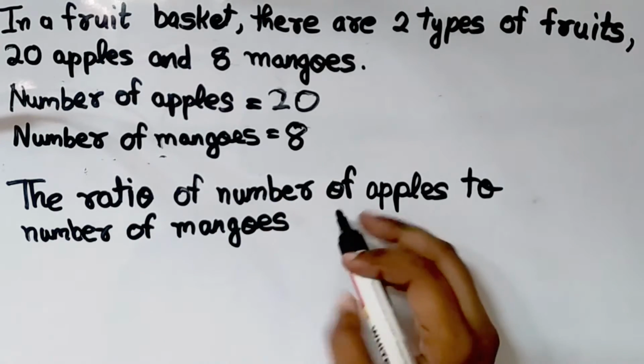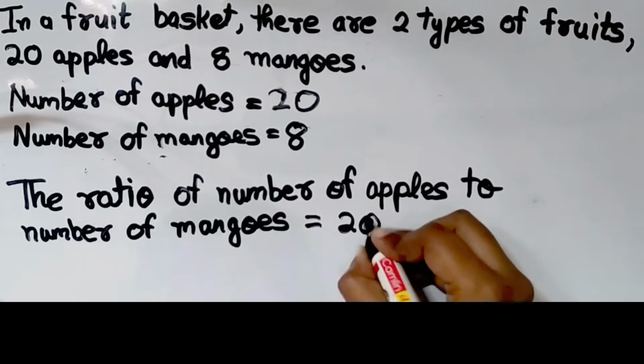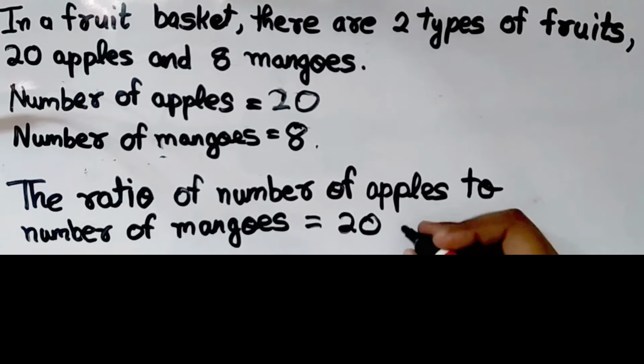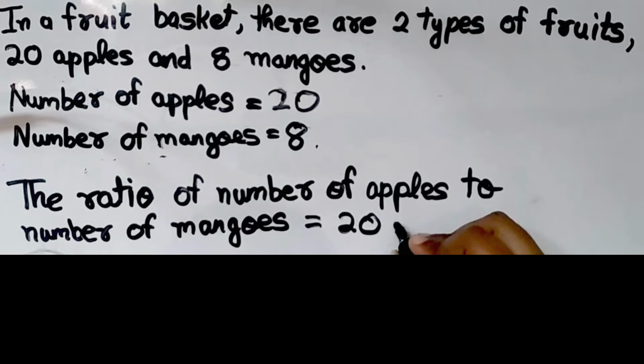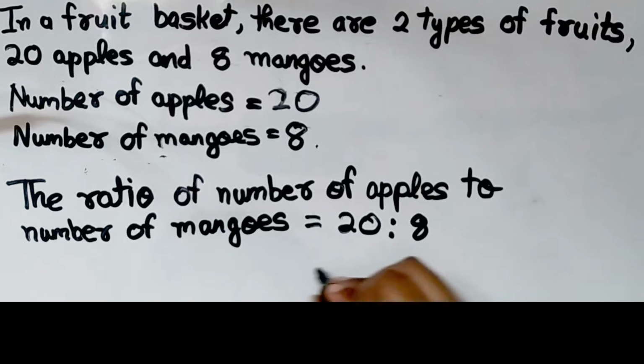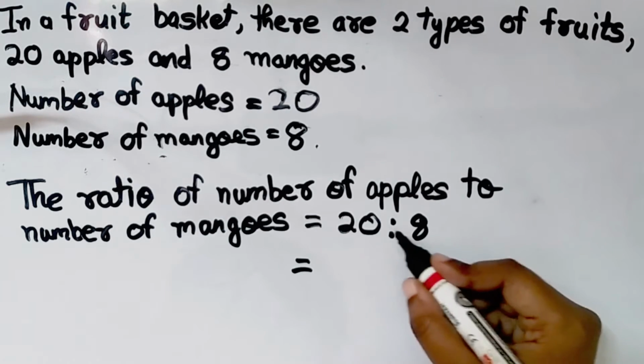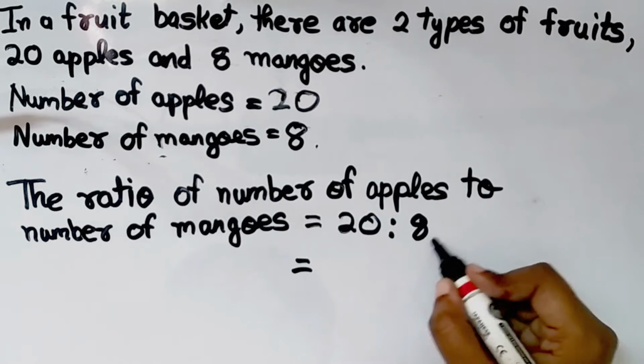How much is it? 20. The number of mangoes is 8. So 20 is to 8. We will write it like this, this is how we will write the ratio. This we will read as 20 is to 8.